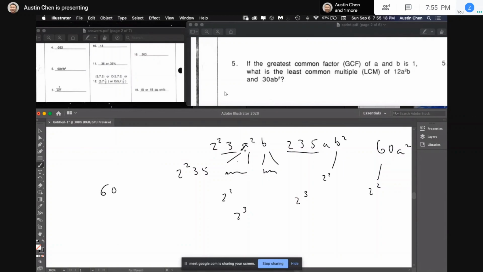It's just like if A had 7 and 11, then this side would have 7 squared, 11 squared, right? And this side would just have 7 and 11. And because this is A squared, you want to count A squared and not A in the least common multiple. So yeah, you have A squared, and you have B squared.